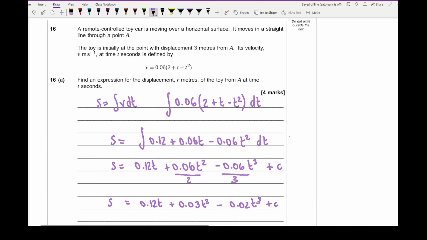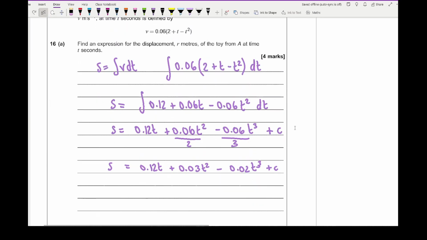And we go back to the question and look at the information that initially it has a displacement of 3 meters from A. So we can replace s with 3 at t equals 0. So 3 is equal to 0 plus 0 plus 0 plus c.